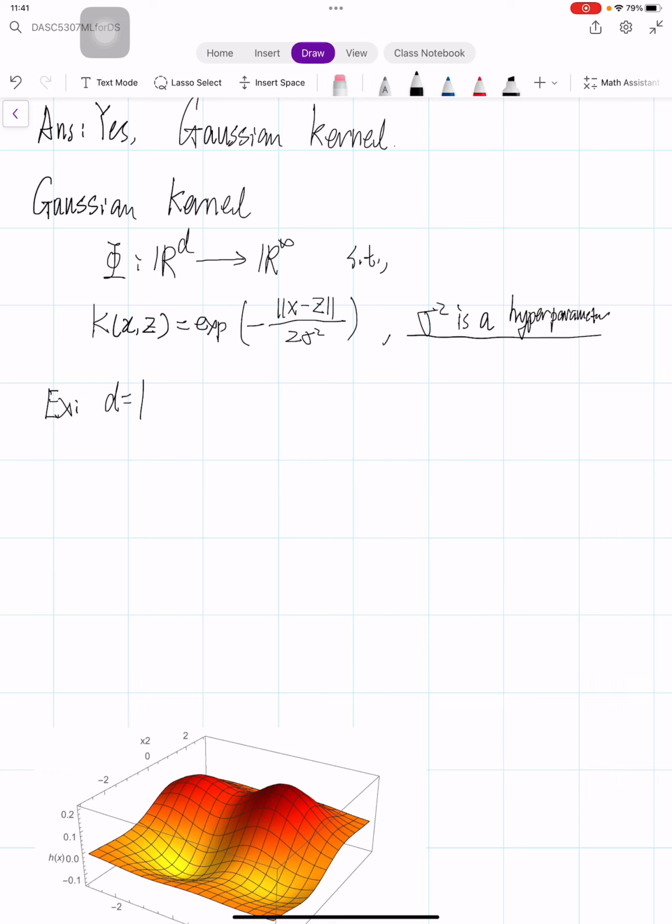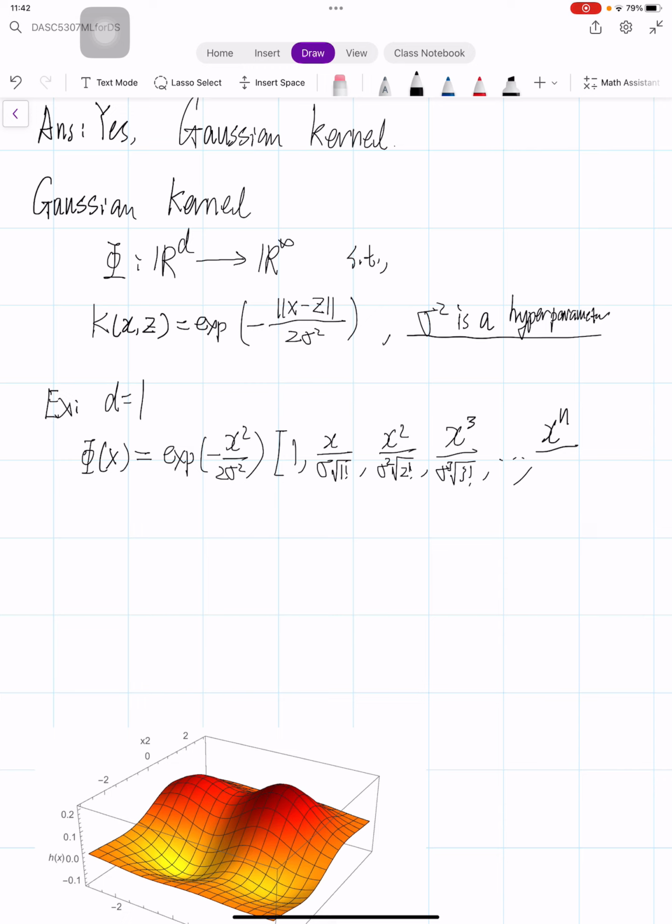Suppose you only have one feature, then the transformation phi of x is exponential of negative x square over 2 sigma square, multiplied by the polynomial terms: the constant term, first order term, second order term, third order term, and so on, up to the nth order term.